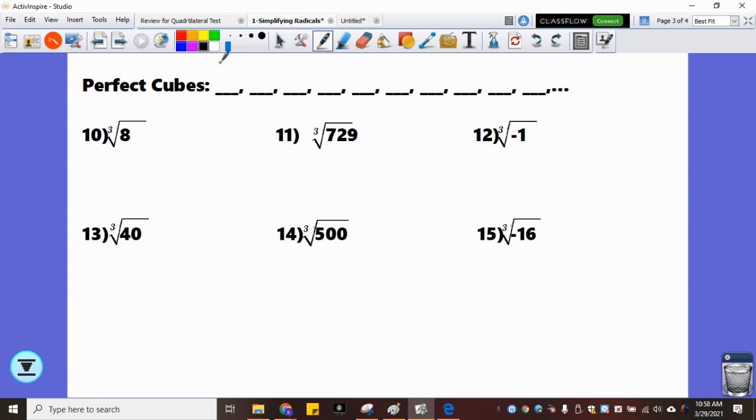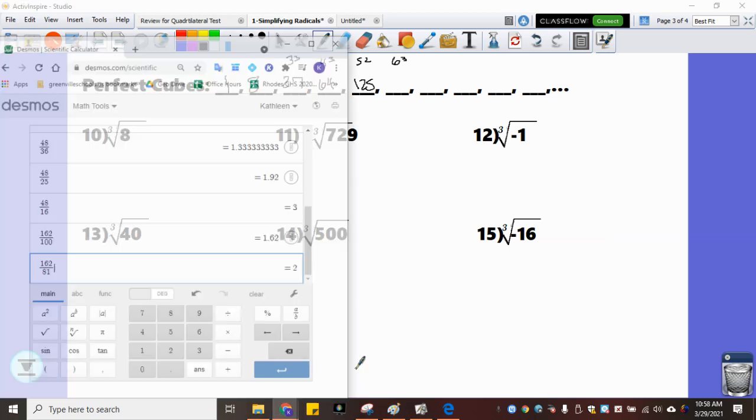So we made the list of cube roots. 1 times 1 times 1 is 1. 2 times 2 times 2 is 8. 3 cubed is 27. 4 cubed is 64. 5 cubed is 125.